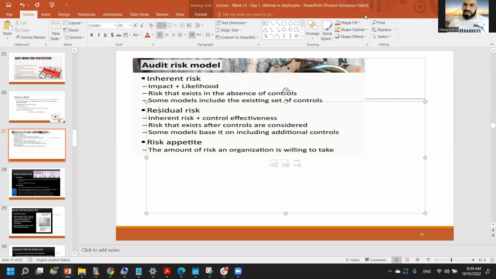Okay, another thing, guys, you need to really look at some definitions that are important for interviews and also for the exam: inherent risk, residual risk, and risk appetite. That is the topic that we covered yesterday as well. I mentioned that inherent risk means that you start an activity that will bring risk, and there is no control yet there to protect you.